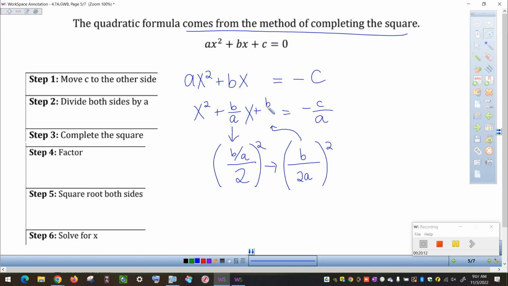The numerator is b squared. And then on the denominator, to do (2a) squared, it's going to be 2 times 2 times a times a. So that's going to turn into 4a squared. Now, because we just added that component on the left side, brand new, it wasn't there before, we need to make sure that we also add that to the other side.